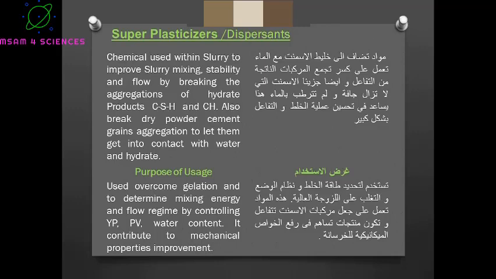Application of this material is used to overcome gelation and to determine mixing energy and flow regime by controlling yield point, plastic viscosity, and water content. Also, it contributes to mechanical properties improvement of the final set cement.